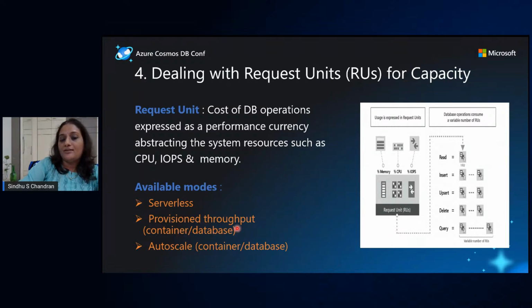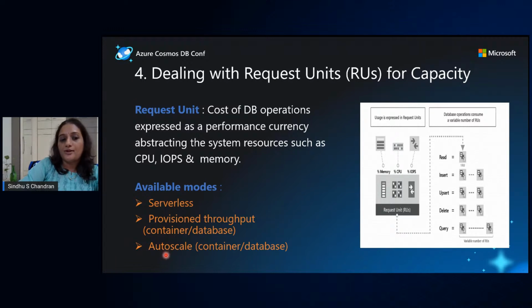The database level, the table level gives more flexibility in managing your RUs. The provision throughput is a good option if your workloads are predictable with maybe some 20 to 25% variation.